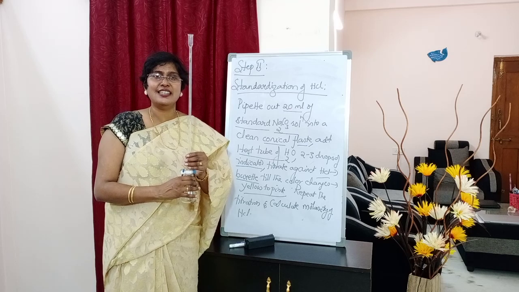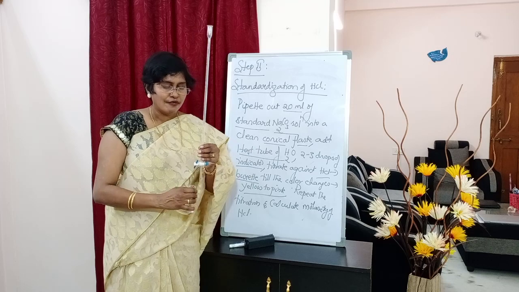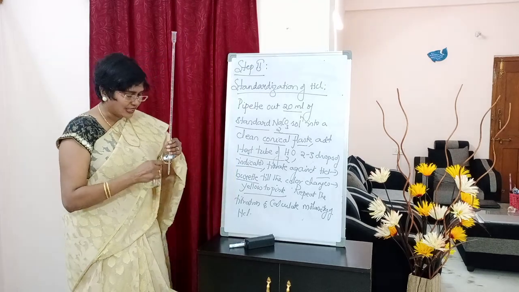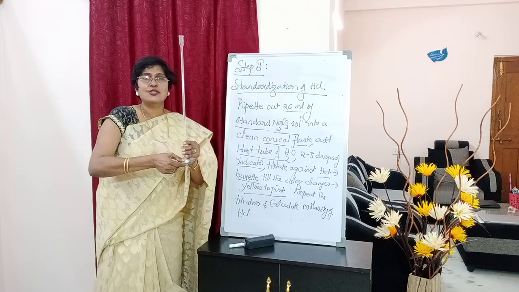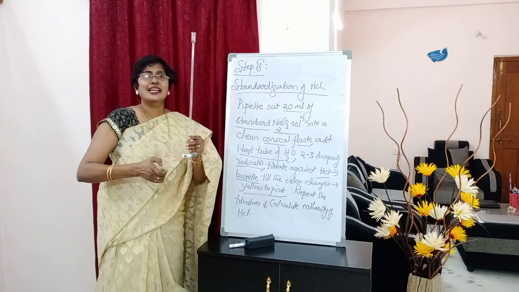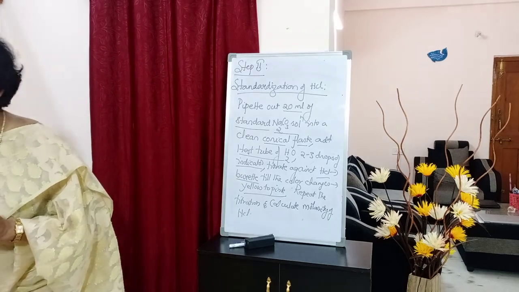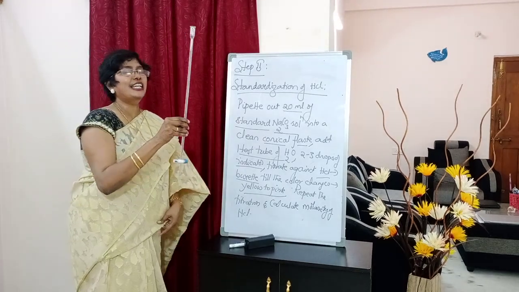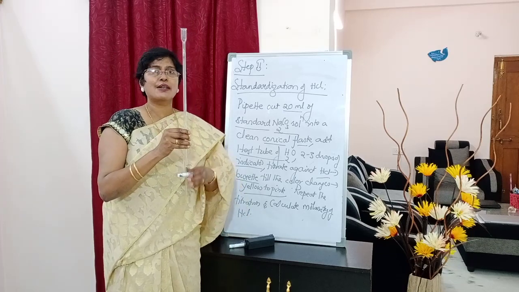Hope I made it clear showing you this apparatus. So when the yellow solution turns pink in color, slowly you stop this and check the reading on the burette. You should remove the burette from the stand.